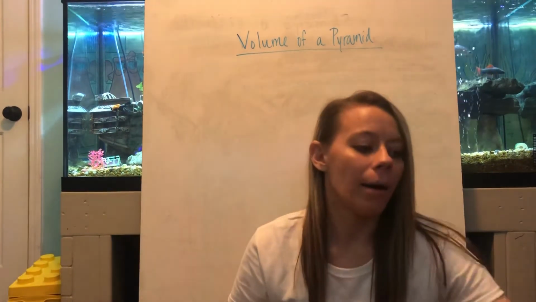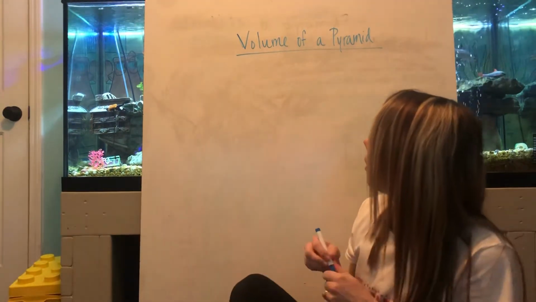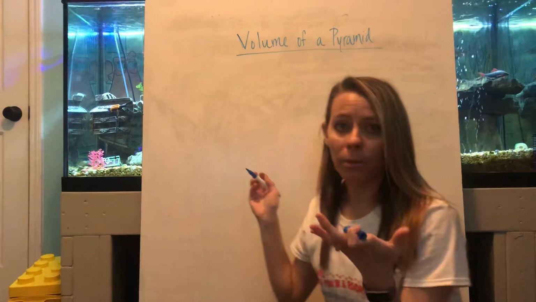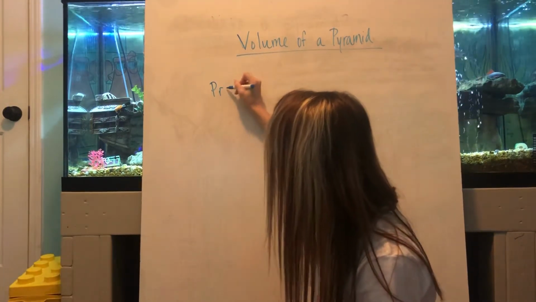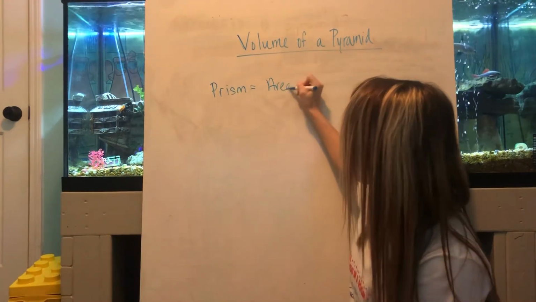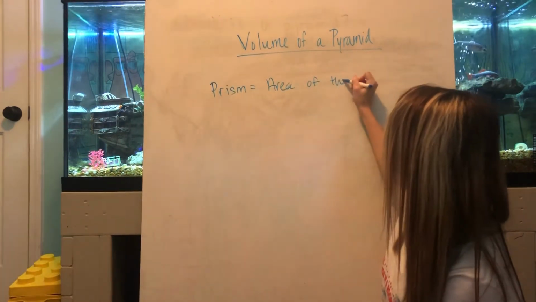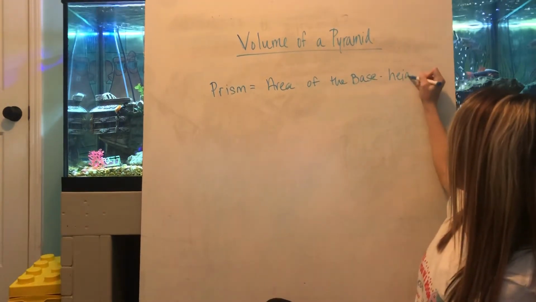So our formula for the volume of a pyramid is, remember our formula for the volume of a prism. So the prism was area of the base times height.